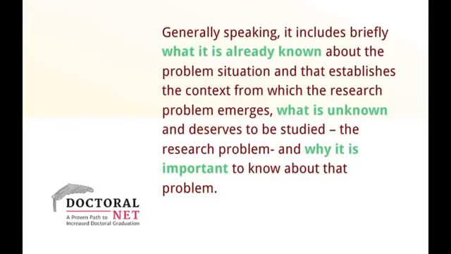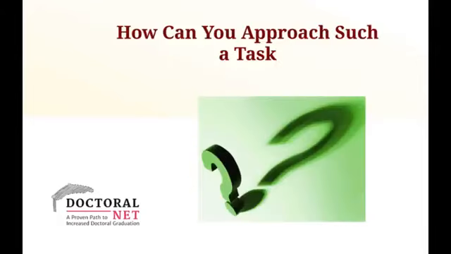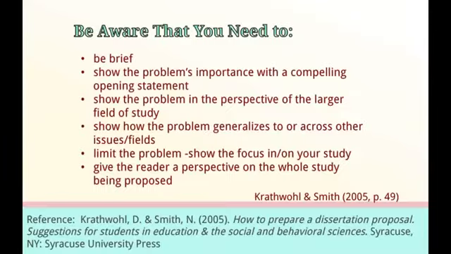And finally, when I say why it is important, it means that you have to talk about the significance of a study focused on that problem. Well, you say, okay, I have to talk about at least those three elements, but how can I approach such a task? How can I do that?